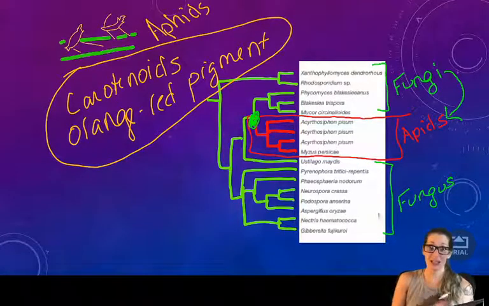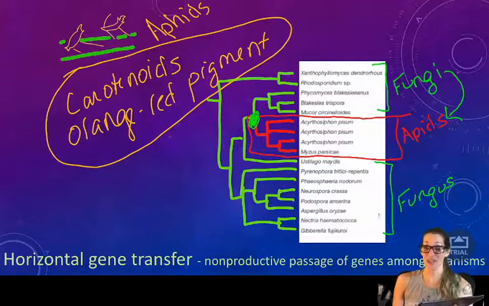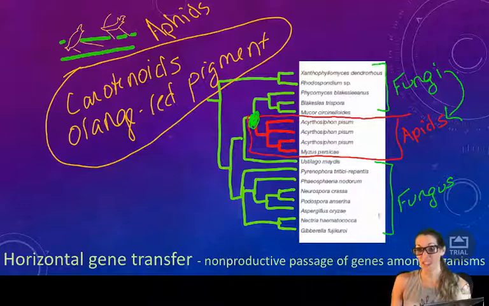So this is horizontal gene transfer from fungus to aphids. That's wild. That's so cool and crazy. So aphids got their ability to synthesize carotenoids from fungus. That's the only way to explain how this gene from aphids is nested, we call it, within a fungus clade. Crazy.